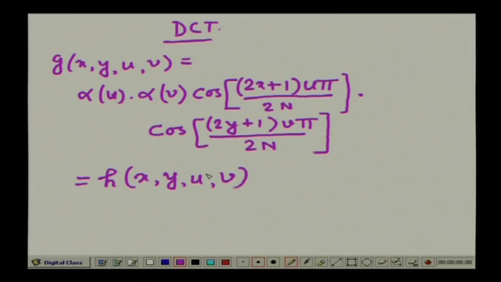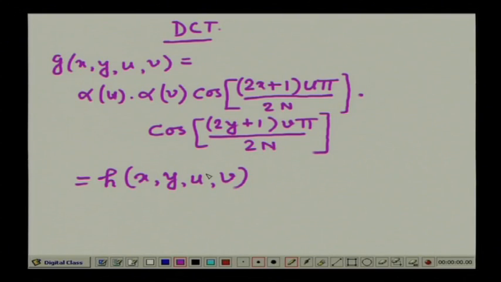And not only that, these transformation kernels are separable as well as symmetric, because I can have g1(x, u) equal to alpha(u) cosine (2x plus 1) u pi divided by twice N, and g2(y, v) can be alpha(v) into cosine (2y plus 1) v pi upon twice N. So, the discrete cosine transformation is separable as well as symmetric, and the inverse transformation kernel and the forward transformation kernel are identical.